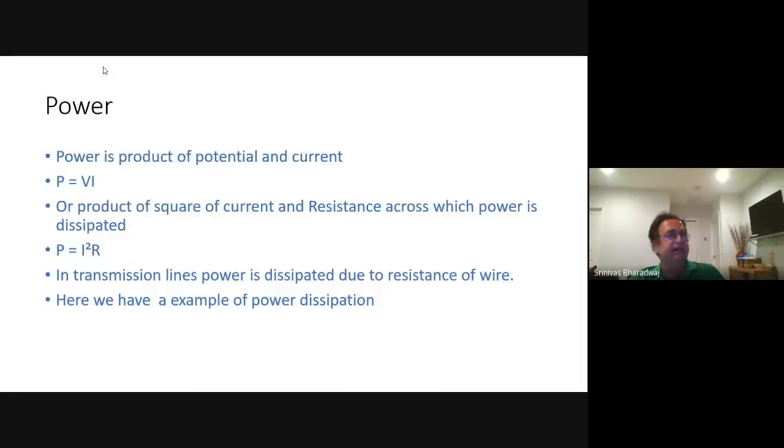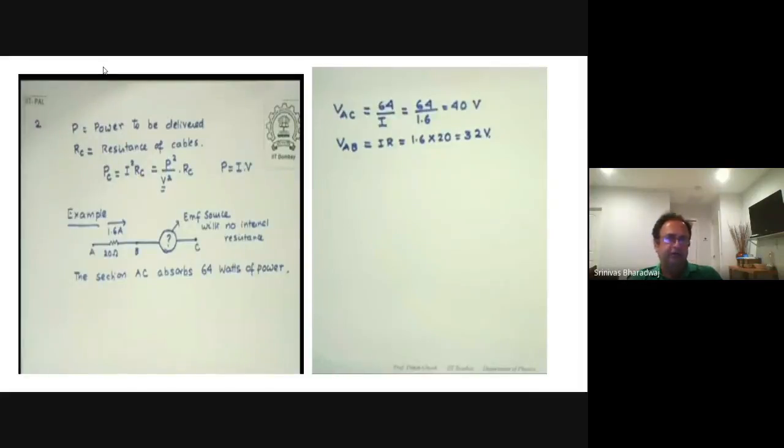I already discussed that. That is one of Kirchhoff's laws, called Kirchhoff's Loop Law. Power is the product of the current and the potential, and because V is equal to IR, it's also I squared R. Transmission line power is dissipated in the resistance of the wire. We also discussed that.